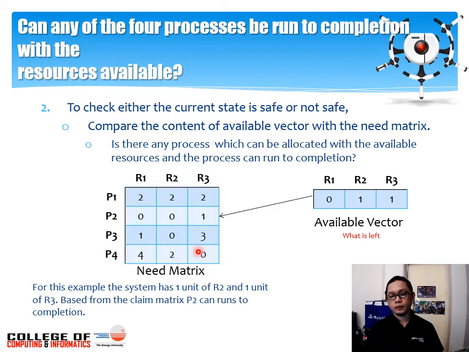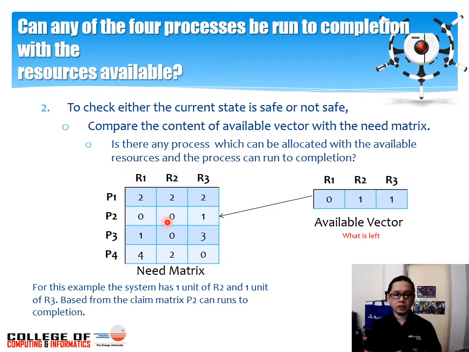And you know that currently the number of available resources for R1, R2, and R3 is just this much. So you have 0 units of R1, 1 unit of R2, and 1 unit of R3. And then these are the requested number of resources for each process.